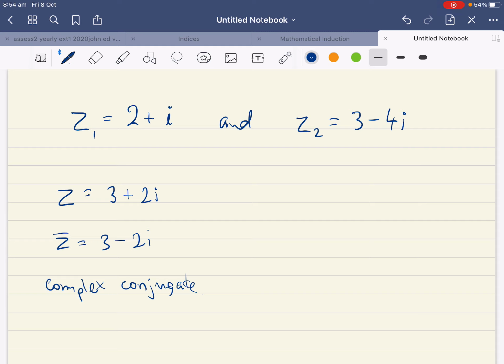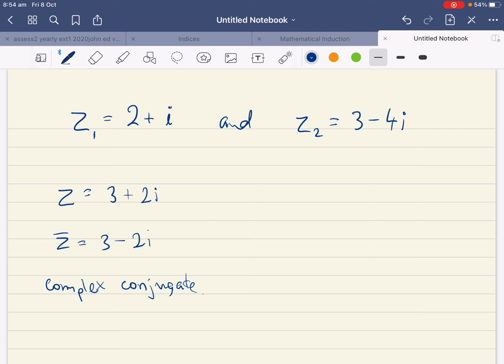With complex conjugates, it's the exact same complex number, except the imaginary part has the opposite sign. It's extremely useful for calculations and operations.